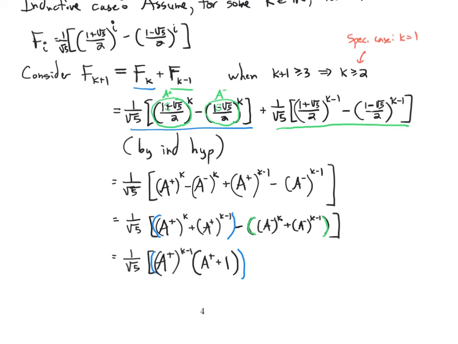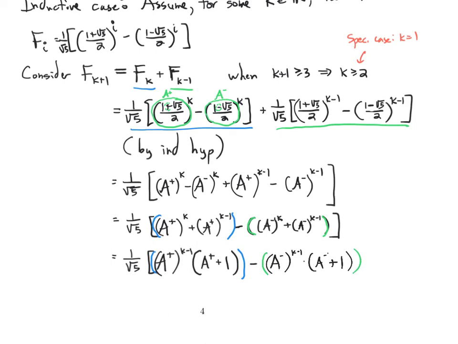Let's do that second term. And it's going to be the same thing, right? The only thing that looks different is here we had a plus, here we had a minus. So this becomes a minus to the k minus 1 times a minus plus 1.